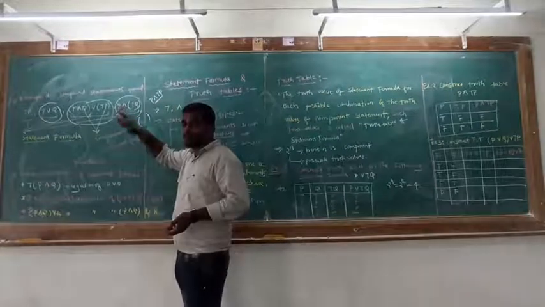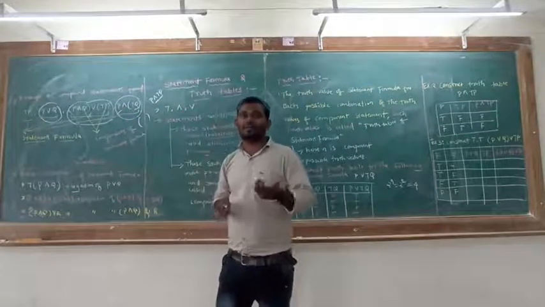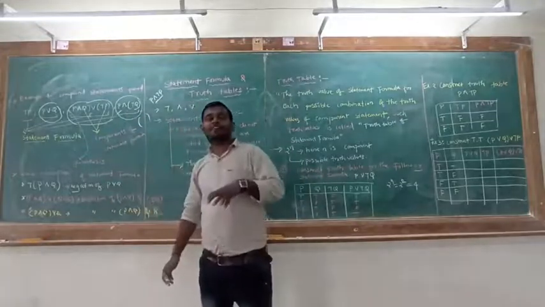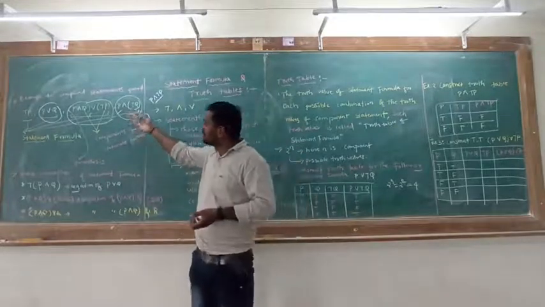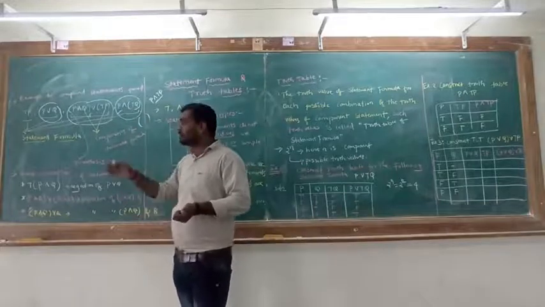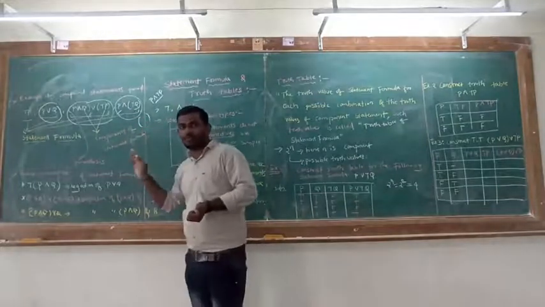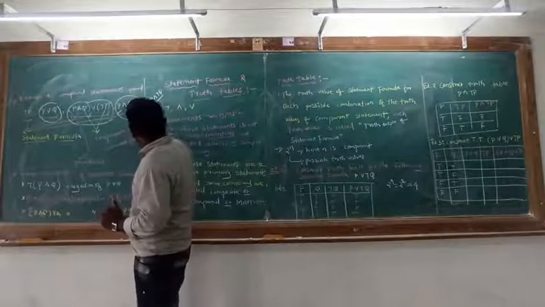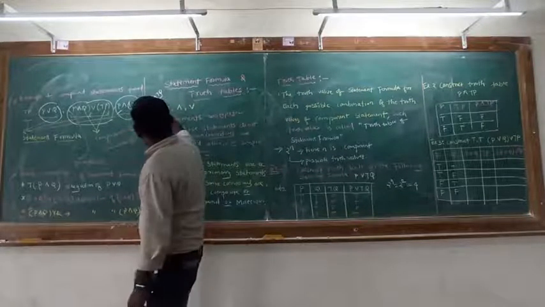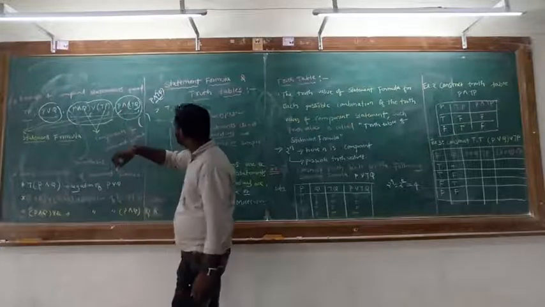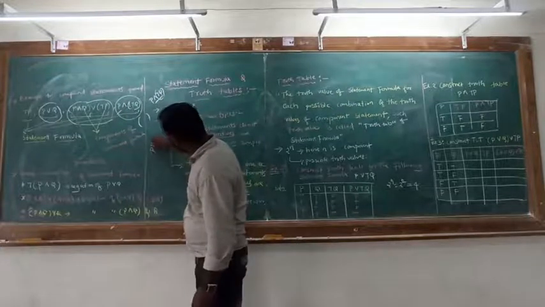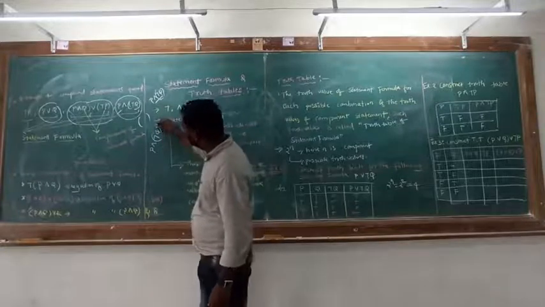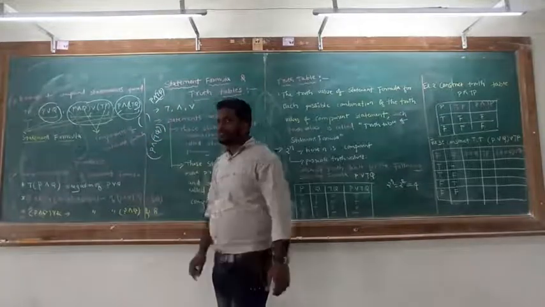That's why we use parentheses or brackets, to easily simplify the expression or statement formula. Suppose P conjunction negation Q, where I have a parenthesis around negation Q and one more parenthesis outside.